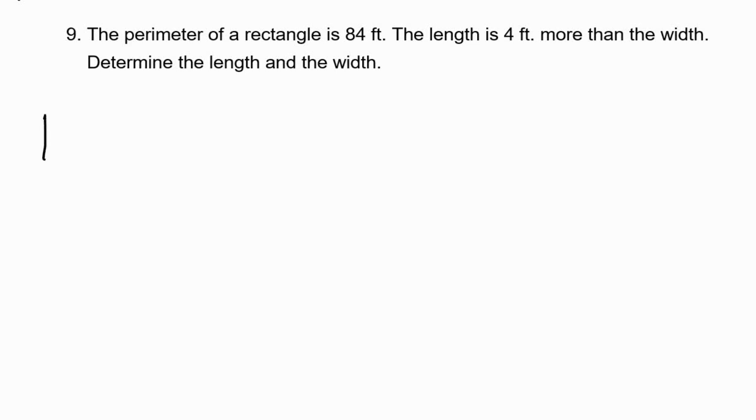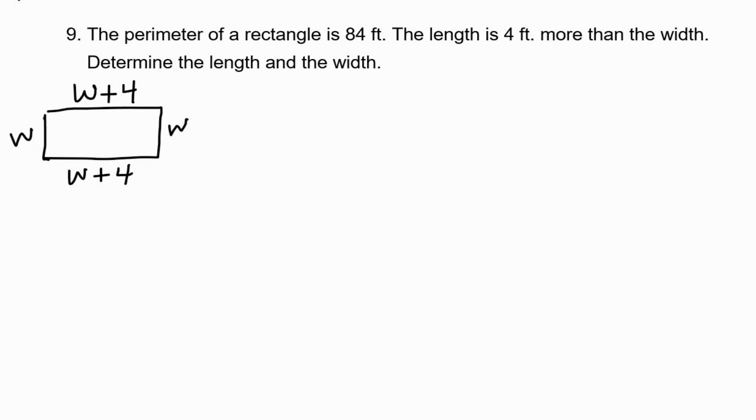So again, I'm going to draw a picture for this. I don't know what either side is. I'm going to let W be the width. And I know that the length is 4 more than that, so the length I could write as W plus 4.